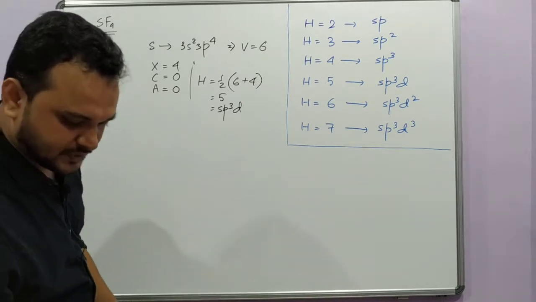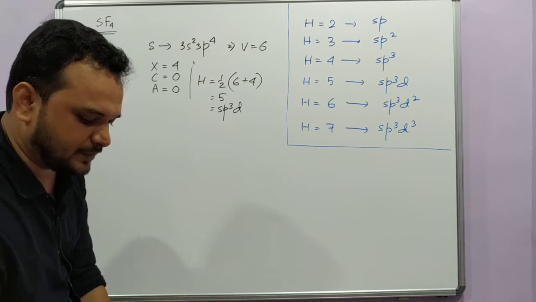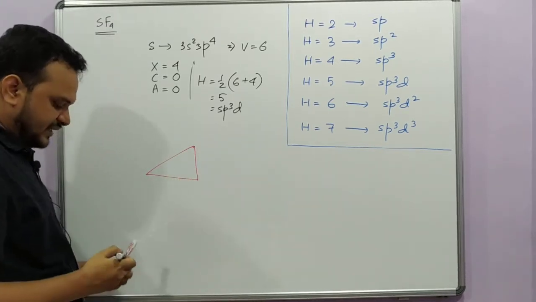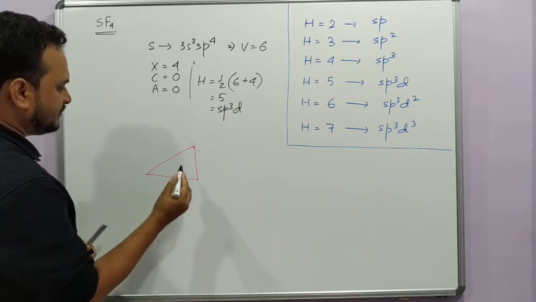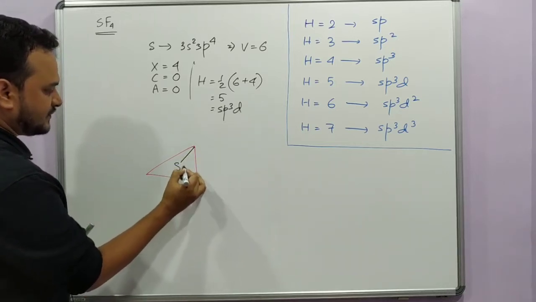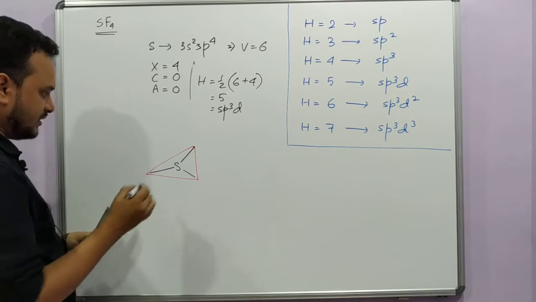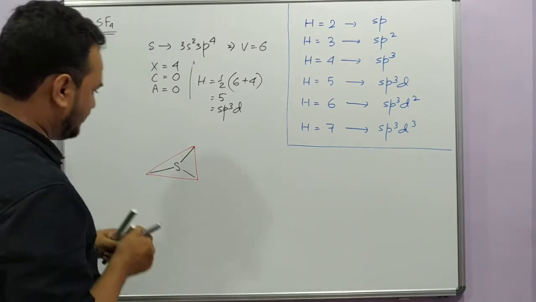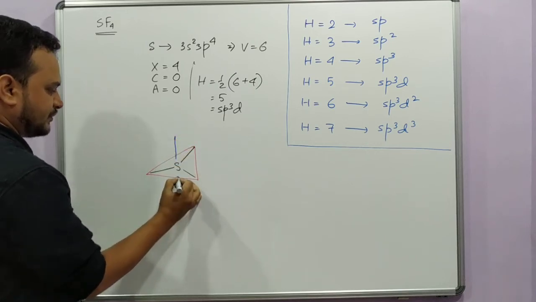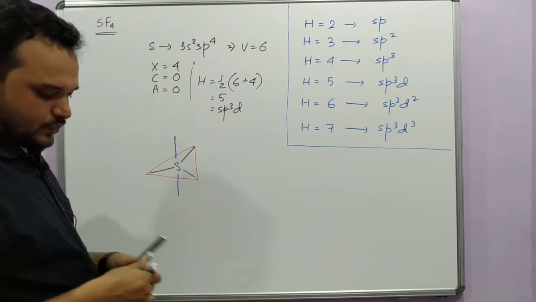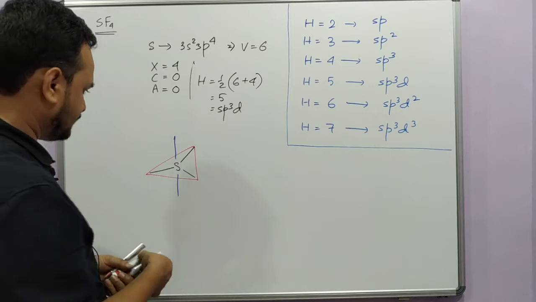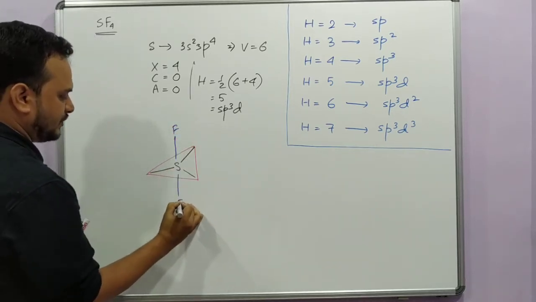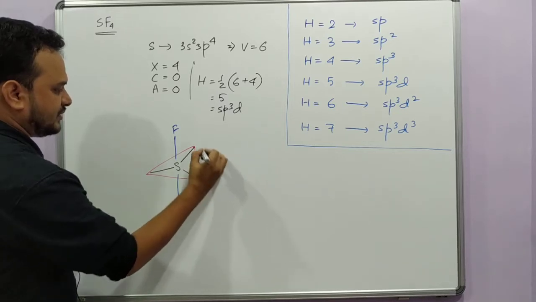So if we draw the trigonal bipyramidal, then at the center we will have the sulfur, and then there are a total of 5 vertices. We know 2 of them are axial and the remaining are equatorial. These 3 are equatorial, these 2 are axial. Now we place 4 fluorines, like fluorine here, fluorine here, fluorine here, and fluorine here.